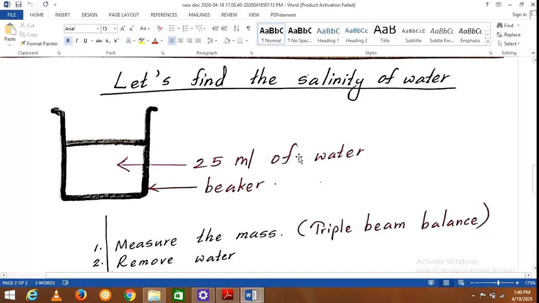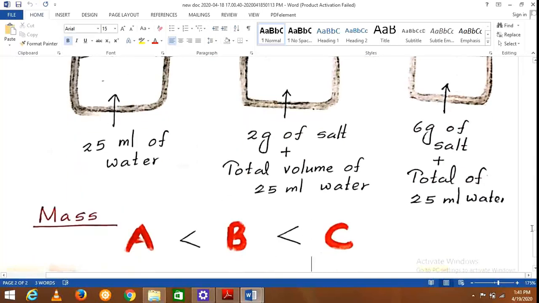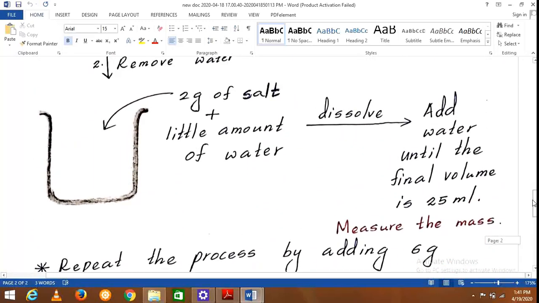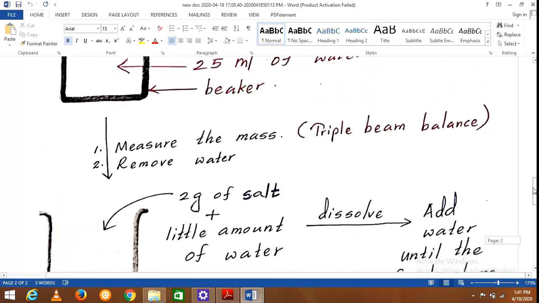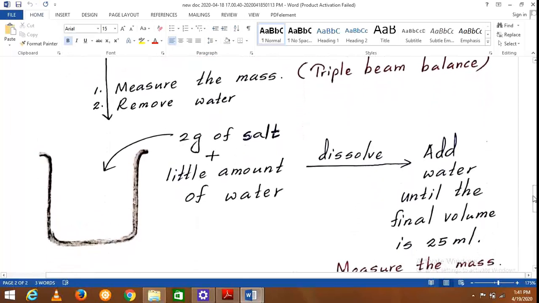Then you measure the mass of the beaker with water by using the balance, triple beam balance or the digital balance. After that you can remove the water in the beaker and add 2 grams of salt into the empty beaker. 2 grams of salt is added and then you add little amount of water.